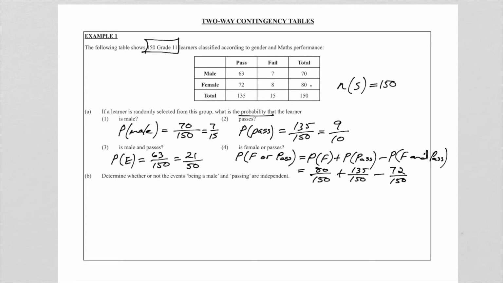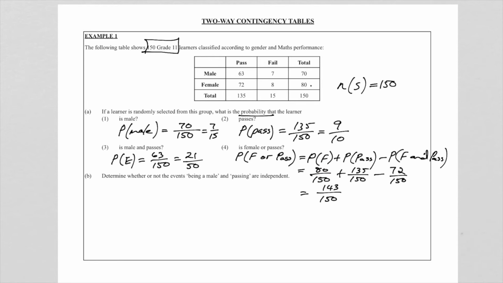And if we add that, subtract the 72, I hope you are happy when I say that your answer, if I quickly calculate, is 143 over 150. Because all I did was take the 80 minus 72 is 8, and then the 135.